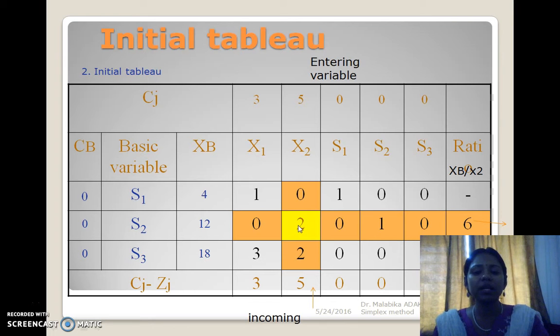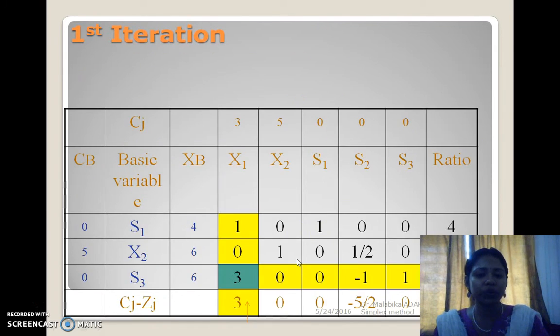Now in the next table, this element should be 1, and the other elements in this column should be 0. Looking here, we have 1 and 0, 0, 0. In such a way, we are completing this table, and again we are calculating Cj minus Zj.